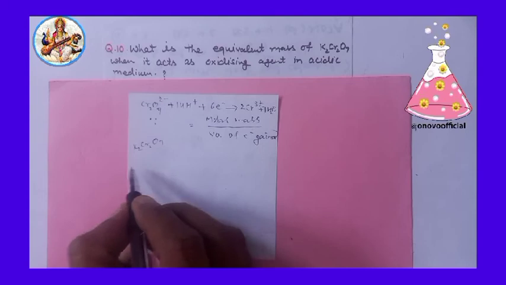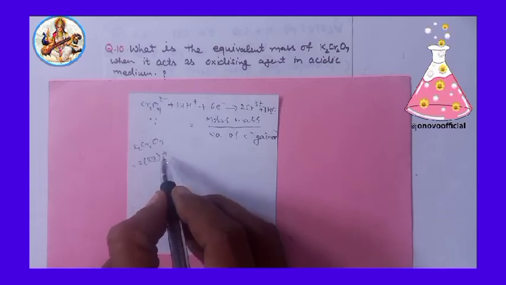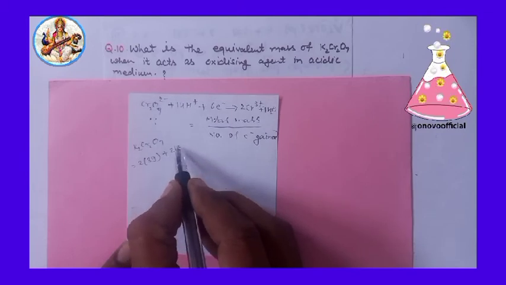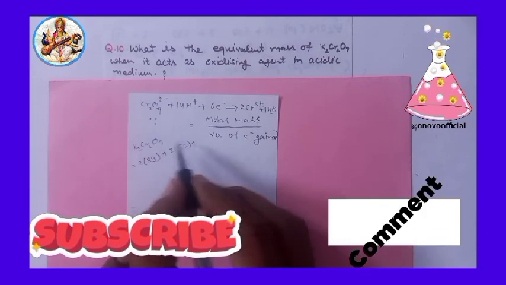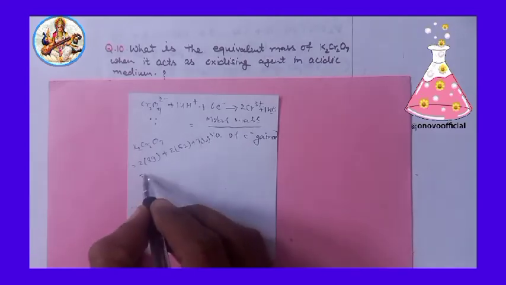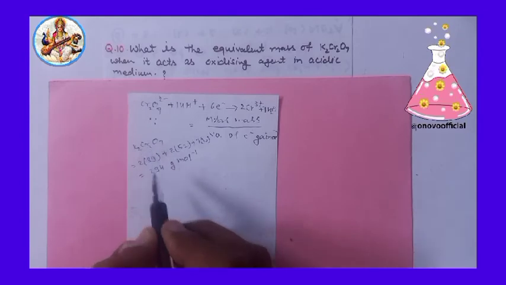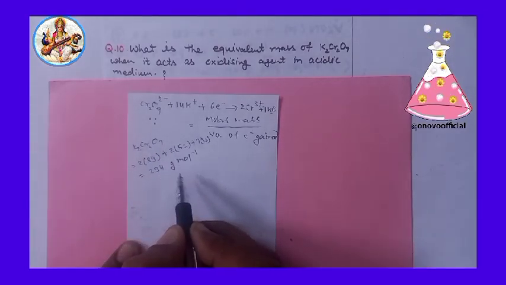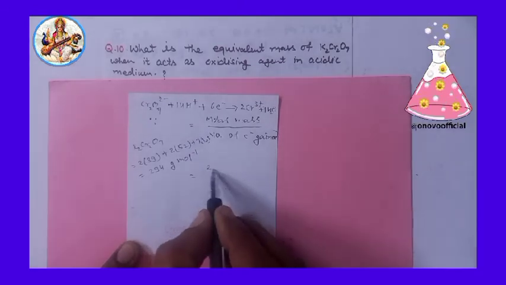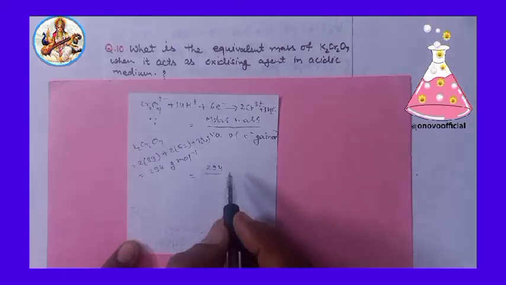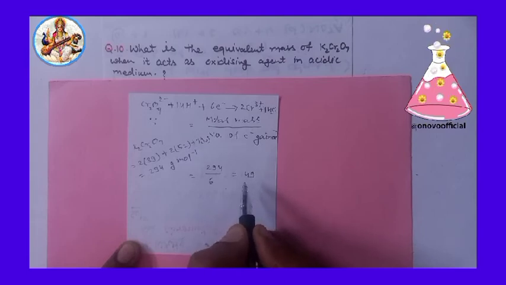Molar mass of K2Cr2O7: we know that the atomic mass of potassium is 39, so 2 into 39, plus the atomic mass of chromium is 52, therefore 2 into 52, plus the atomic mass of oxygen is 16, so 7 into 16, finally 294 gram per mole. Therefore the equivalent mass is 294 divided by the number of electrons gained, here 6, therefore the resultant value is 49.